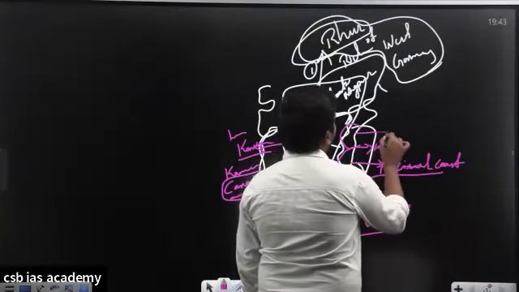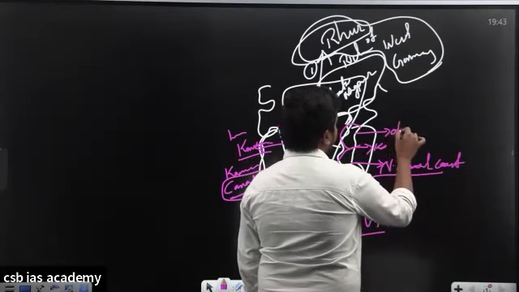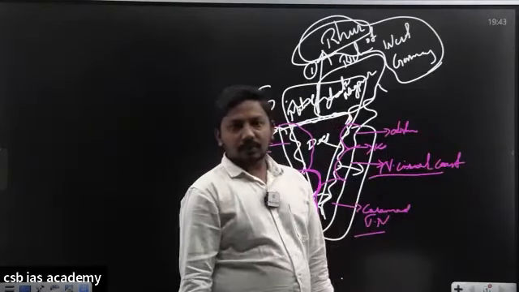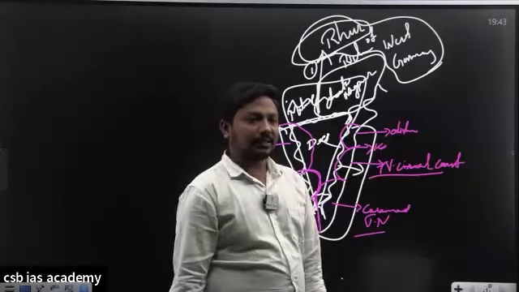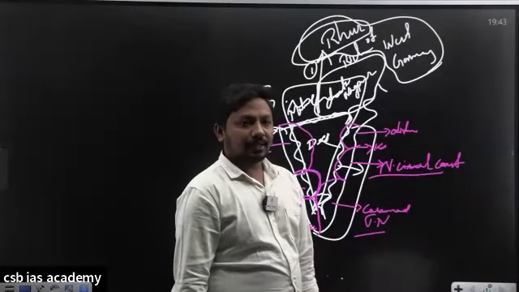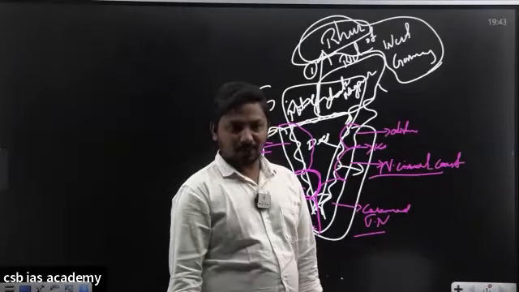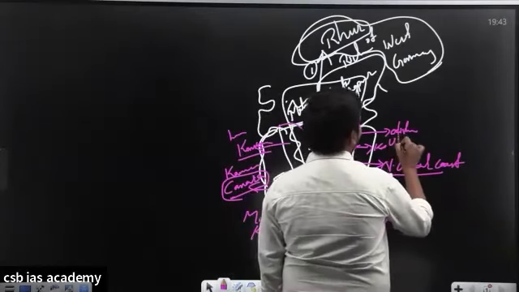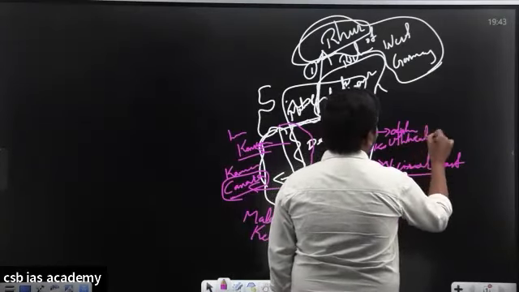And have you ever heard about Odisha coast? What is the coastal name of Odisha? Utkal. Coast of Odisha is known as a Utkal coast.